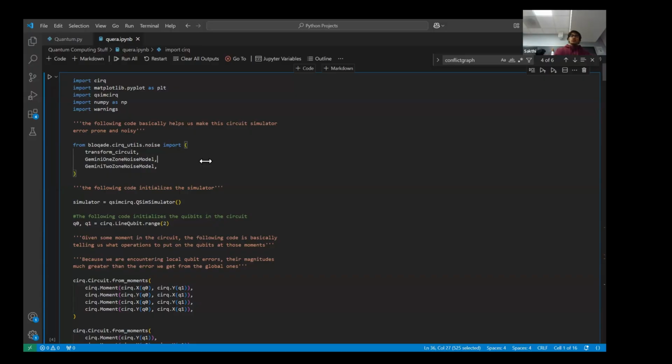And in the case of the two-zone noise model, all the other neutral atoms are sitting in the storage zone not doing anything while you're doing operations on the other ones, so they can also decohere during that time. So you have all these errors that can play into your circuit, and these two models take into account those errors.